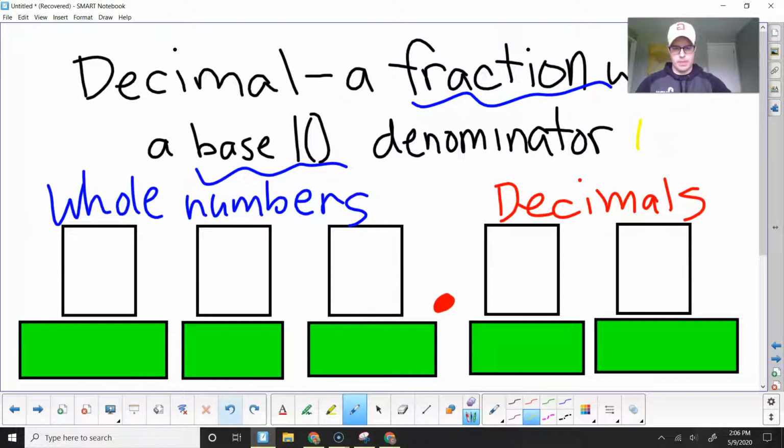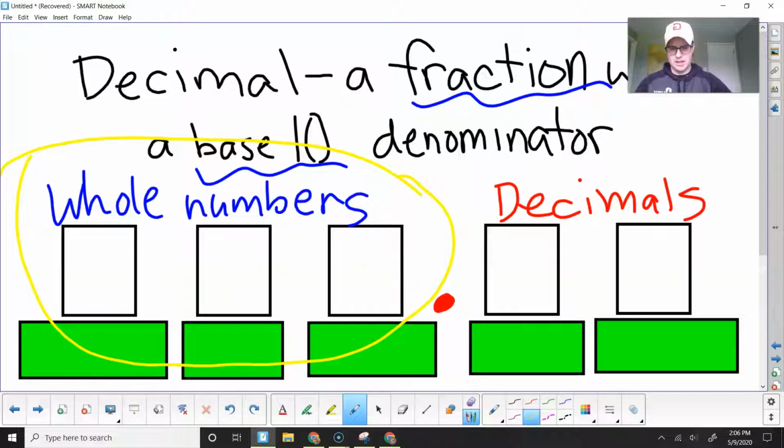So let's look at our place values here. Let's start to the left of the decimal point. So the very first place value in the whole number side, see how this side is the whole number side? Whole numbers are always to the left of the decimal.